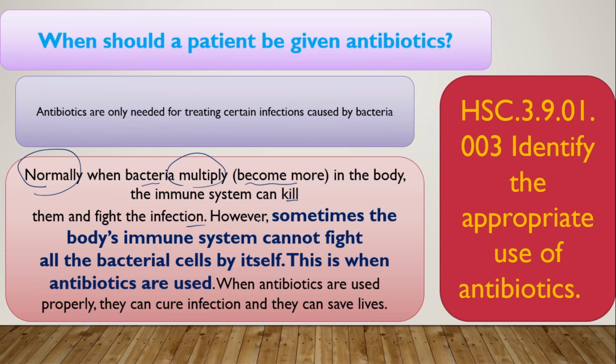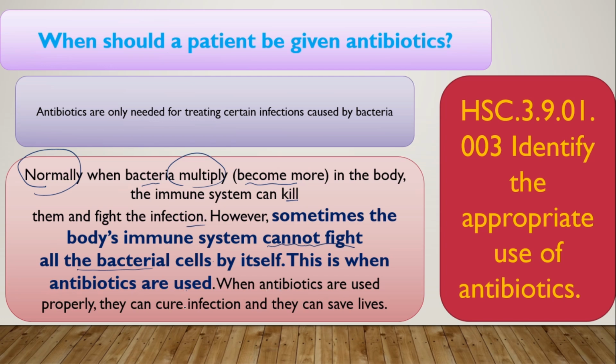However, sometimes the body's immune system cannot fight all the bacterial cells by itself. الجهاز المناعي في بعض الأحيان مش هيقدر يحارب هذه البكتيريا بنفسه. This is when antibiotics are used.